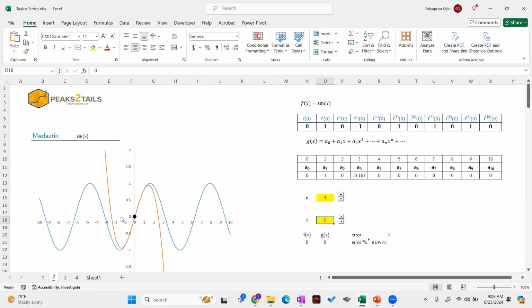Yeah, let's say minus 1 to 1. If x moves between minus 1 to 1, and I'm using the cubic polynomial instead of actual sin x, I would still be fine. Look at the quality of the fit, right? And you can keep including more and more terms to get a better approximation.